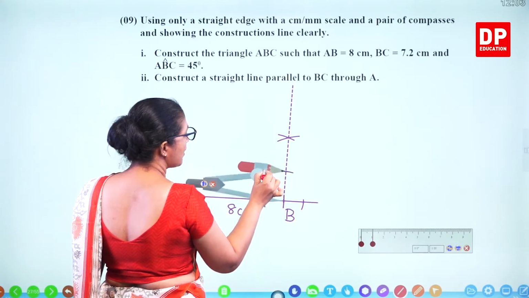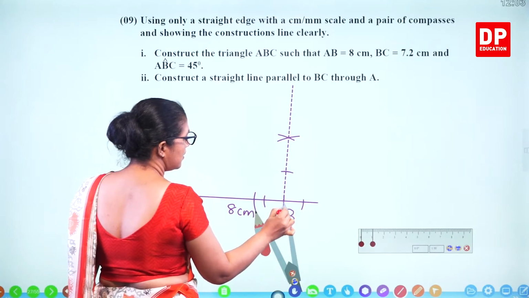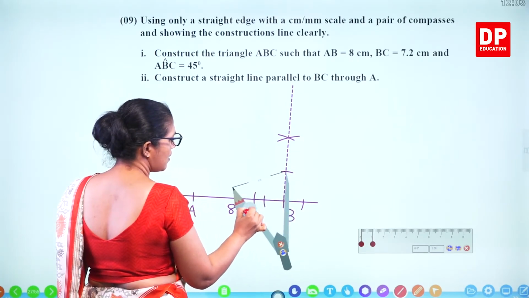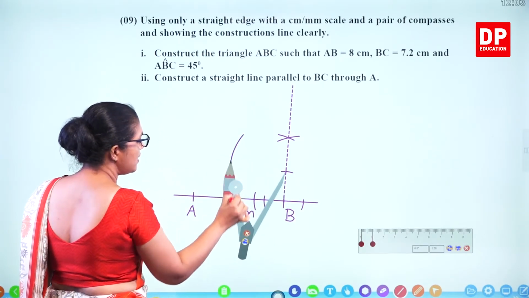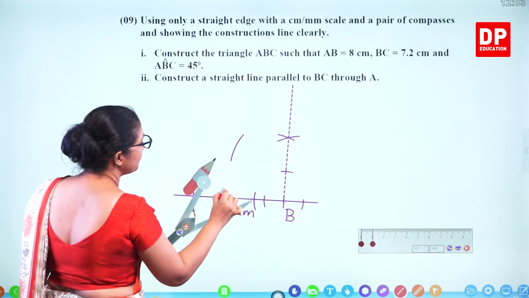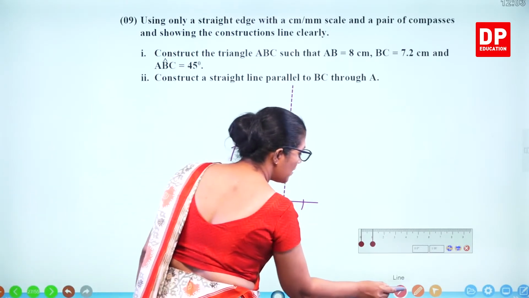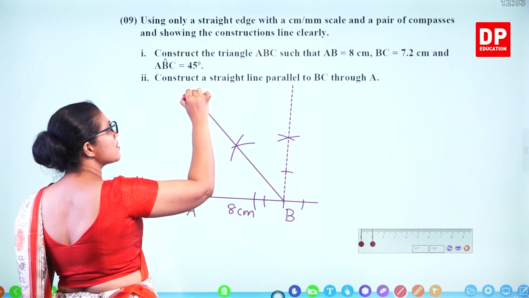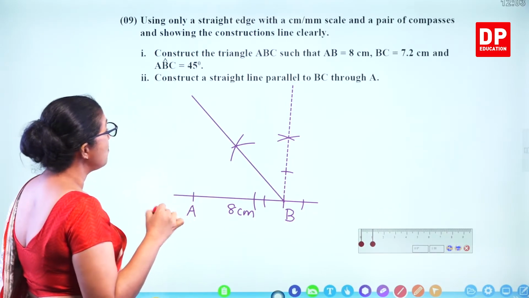You can draw an arc here, an arc here, and then you can take the same distance or more than that. You draw the arc in the middle because now we need the angle bisector. So we have the point. So you connect point B with this intersecting point. So that's the line BC.